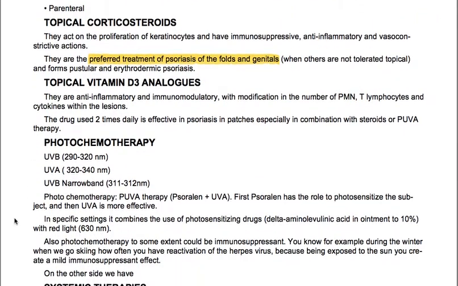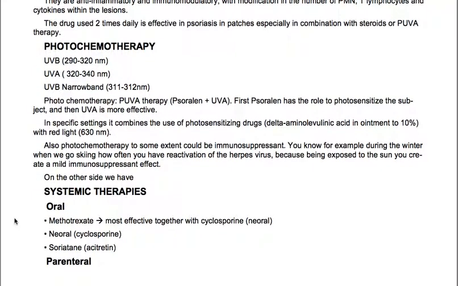Phototherapy can be UVB, UVA, or UVB narrowband. Photochemotherapy can be PUVA therapy, so psoralen plus UVA. First, psoralen has the role to photosensitize the subject, and then UVA is more effective.